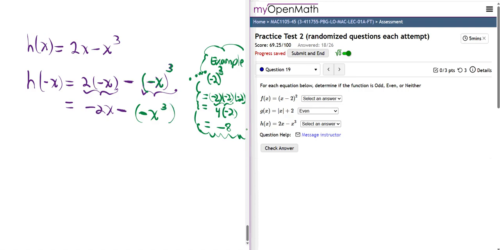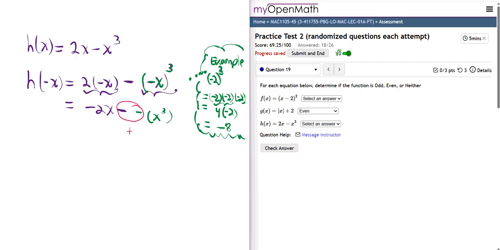So that's why I'm rewriting that as the quantity negative on the outside. That's probably a little confusing. Let's just write it like this. Negative quantity x cubed, okay? Because I want you to be able to see that this part right here is a double negative that becomes a positive.